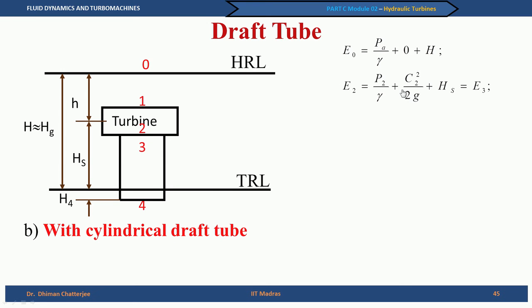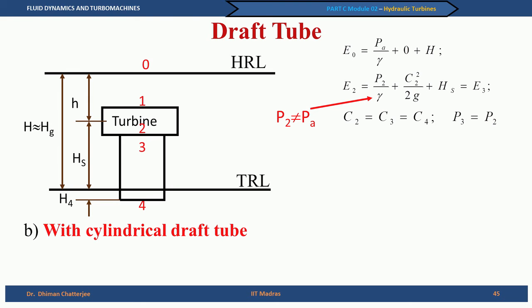So, under that condition we can again write that E0, which does not change, is PA by rho g plus H, and E2 is P2 by rho g plus C2 square by 2g plus Hs, where 2 and 3 are coincident points, and 3 is inside the draft tube, otherwise there is no difference. And we can say that P2 is not equal to atmospheric pressure, and that C2 equal to C3 equal to C4.